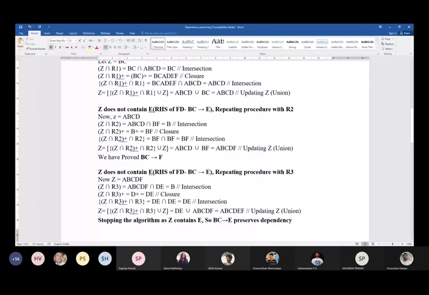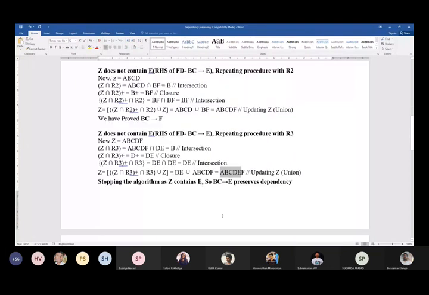So we say that BC determines E is preserved. So the dependency is preserved. So till now we have proved that BC determines E is proved and BC determines F is proved, right?